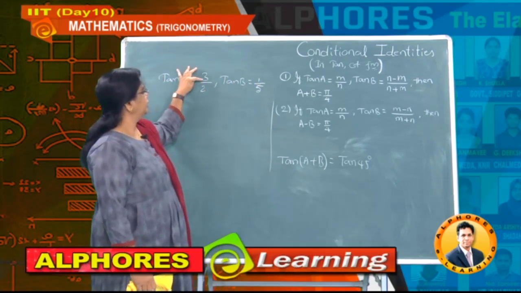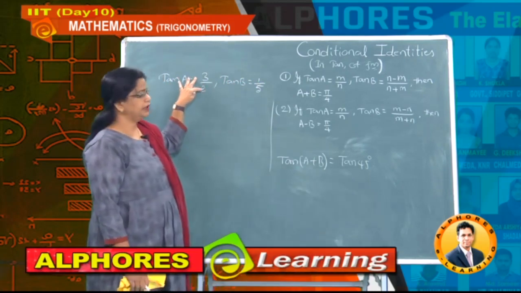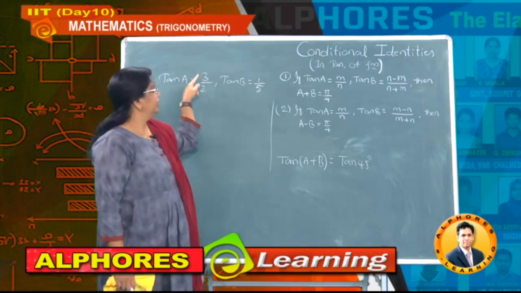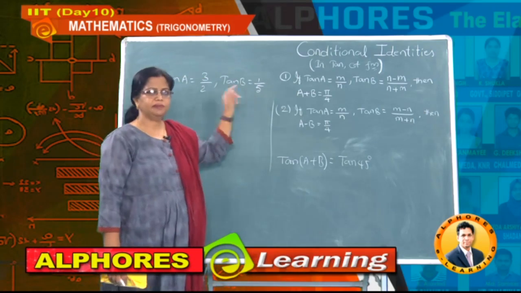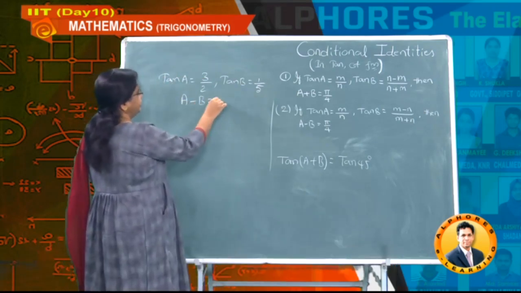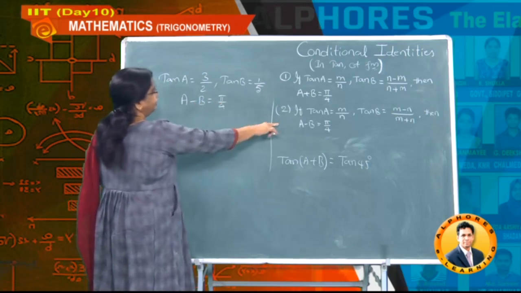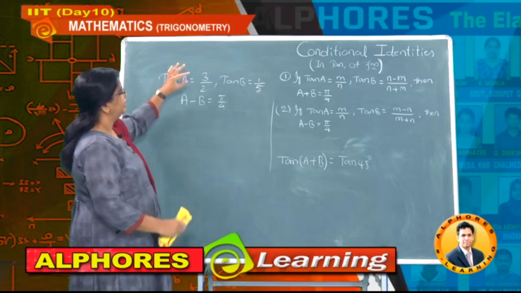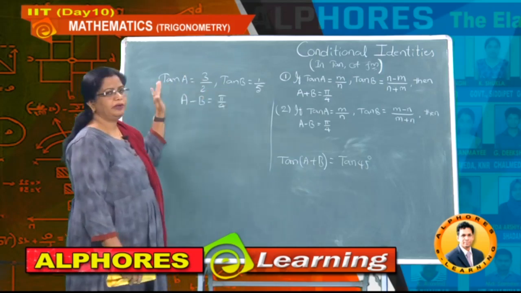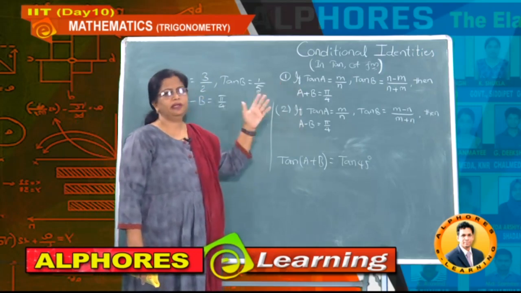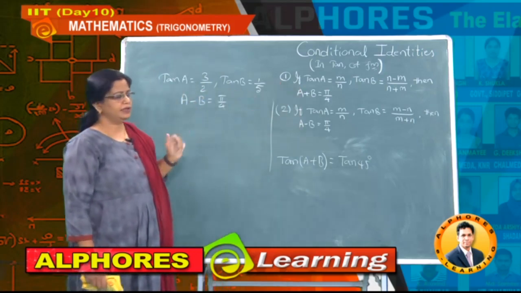One is m by n and the other value is m minus n, 3 minus 2, that is 1, over m plus n, 3 plus 2, that is 5. Then what is our A minus B value? Obviously from that it is nothing but pi by 4. So just have a glance: whenever two tan functions are given, have a glance at whether this will operate or that will, and immediately you can write the answer.